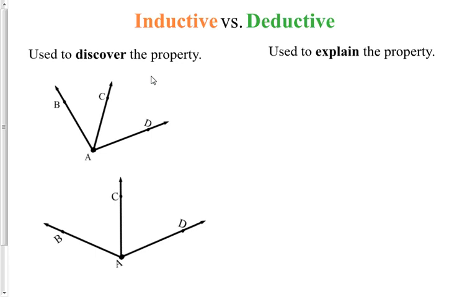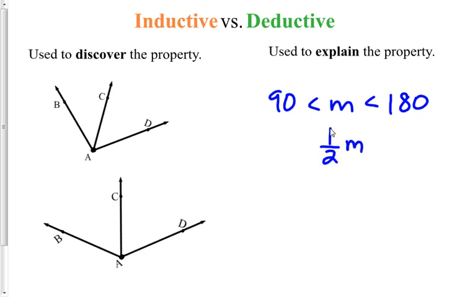So let's apply some deductive reasoning. The definition of an obtuse angle is that it has a measure, m, that is greater than 90 degrees and less than 180 degrees. Now, if we bisect this obtuse angle, that means we're cutting it in half. So let's take the measure of this angle and multiply it by 1/2, right? We're cutting it in half. Well, if we multiply the measure by 1/2, then we have to multiply every part of the inequality by 1/2.